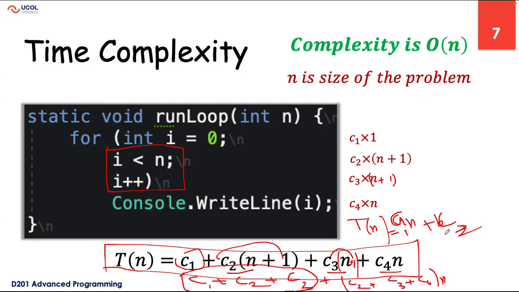Okay, so we can say that with the increase of number n, the execution time will also increase, directly proportionate to the size of the problem. So linear complexity is considered a good complexity, or good efficiency of the algorithm.